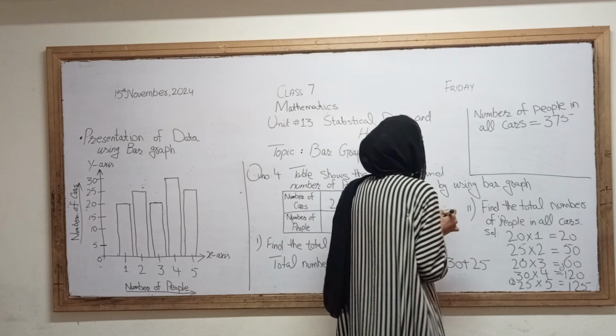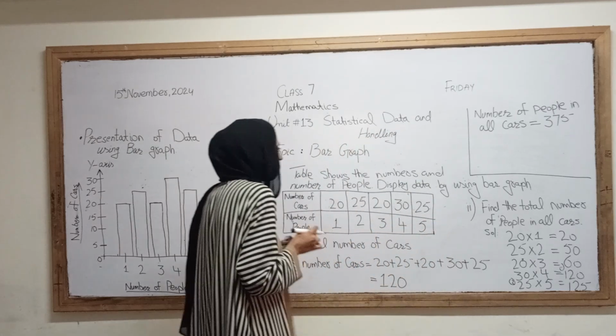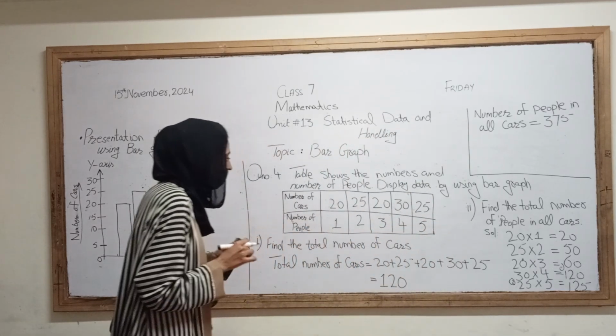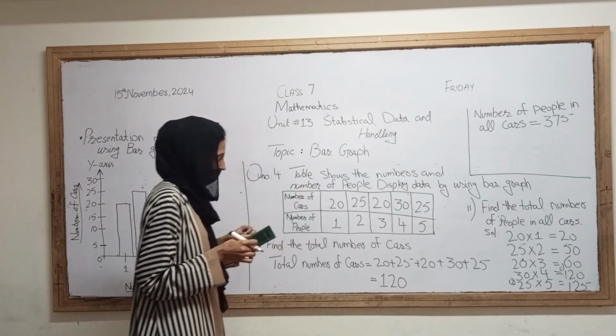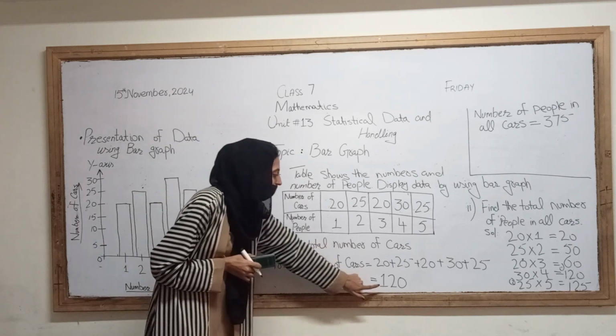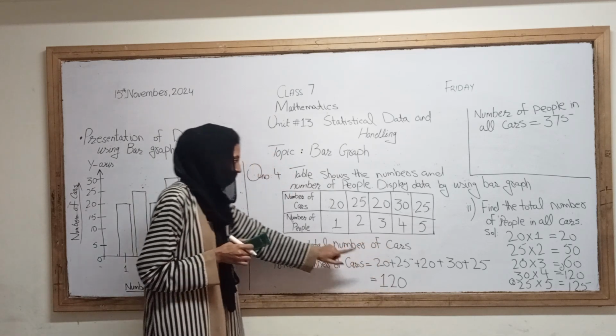So there are a total of 375 people present in cars at a traffic junction. And there are a total of 120 cars at a traffic junction.